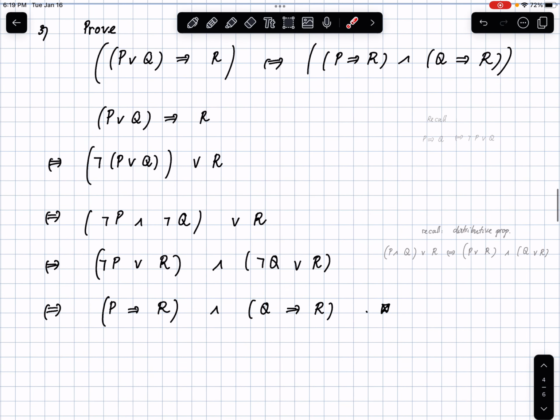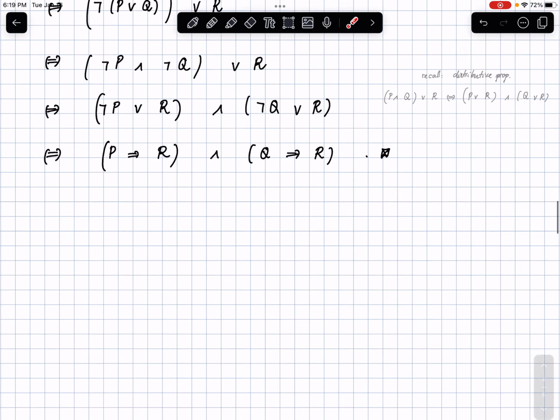It's not the same as this one, because this logical operation is between two statements, connecting two statements.